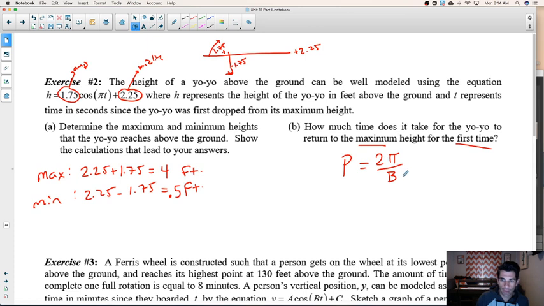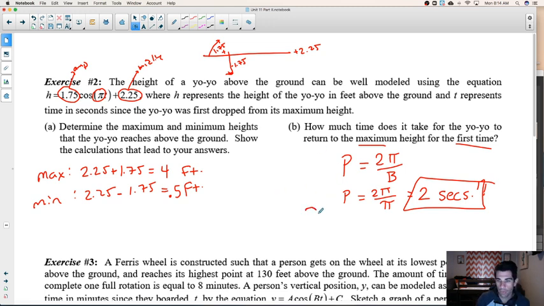So I'm going to say that the period is equal to 2 pi over pi, or 2, so it's 2 seconds. So it would take 2 seconds to complete, what is this, a cosine? To go from its maximum and then to return back to its maximum.